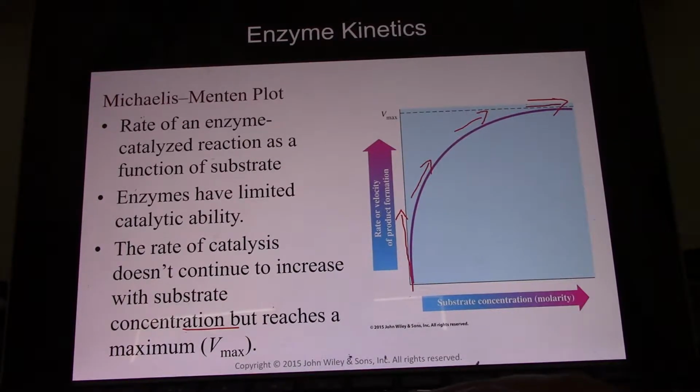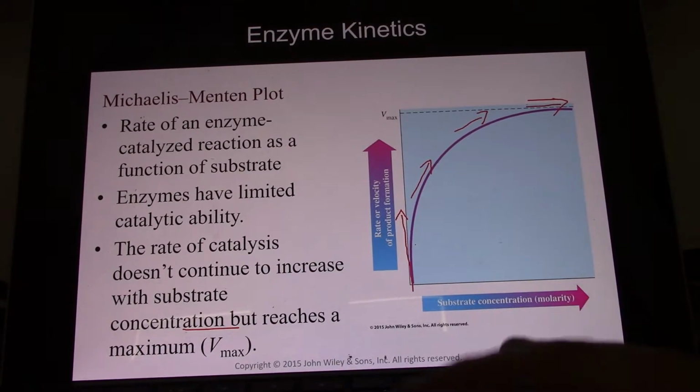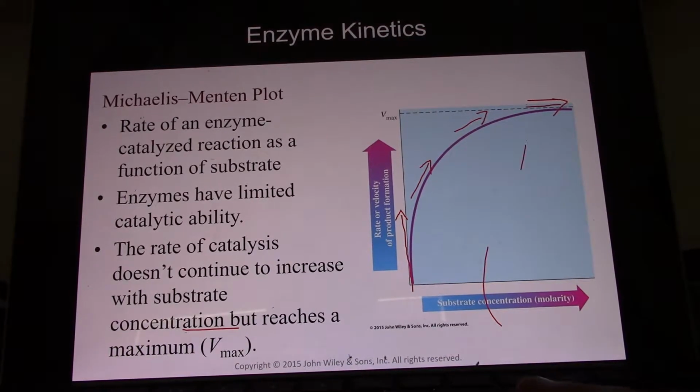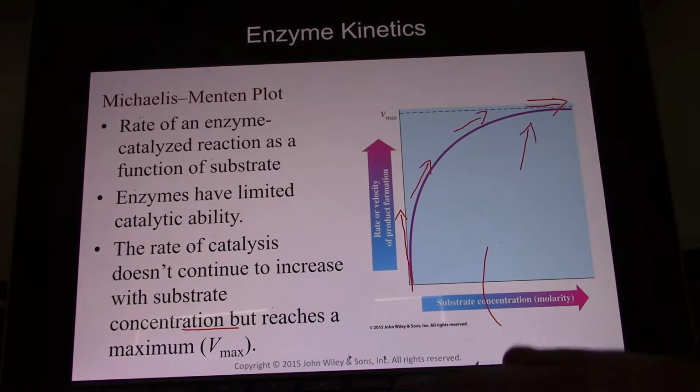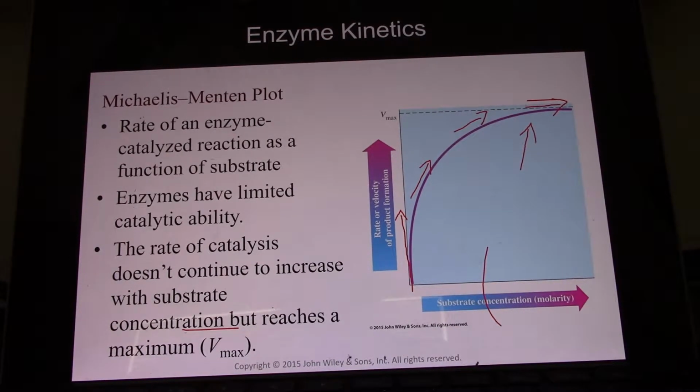At the very beginning, as we add more substrate, the reaction increases its rate pretty rapidly, because there are just enzymes hanging around doing nothing, so as you add more substrate, they jump in and start working really fast. By the time we get over here, all the enzymes are pretty much working already, and they don't really have much downtime. So as you keep adding substrate, you don't really get much more reaction rate, just because the enzymes are pretty much reaching their maximum saturated speed.